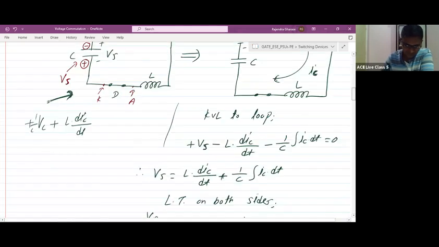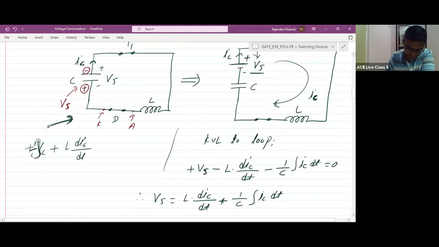So VC is actually 1 by C integration of IC into dt, right? Plus this thing. But in this case, if I want to apply the Laplace transform, we are having that property, non-zero initial condition. That thing I need to use here.